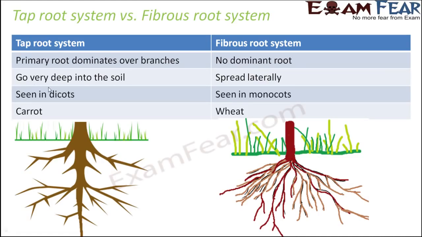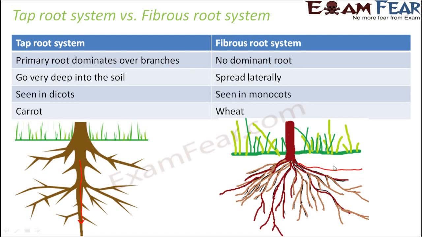A taproot system goes very deep into the soil. Since you have one strong primary root, it keeps growing and goes very deep into the soil. But in fibrous root, the spread is lateral. In the taproot, this single primary root will keep going deep down the soil. But here you don't have anything like that.